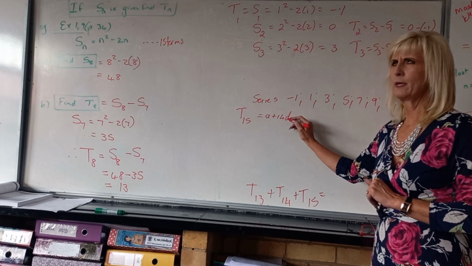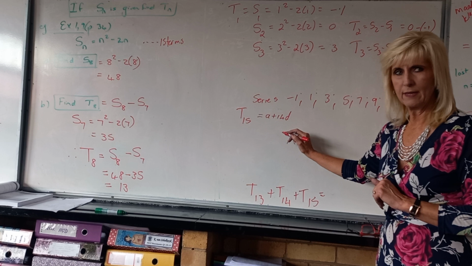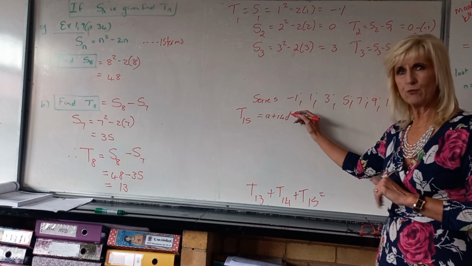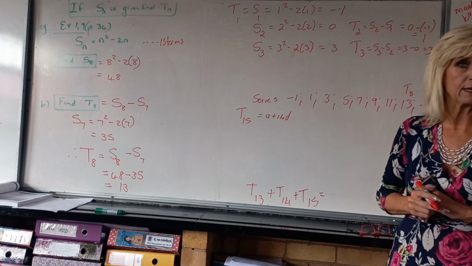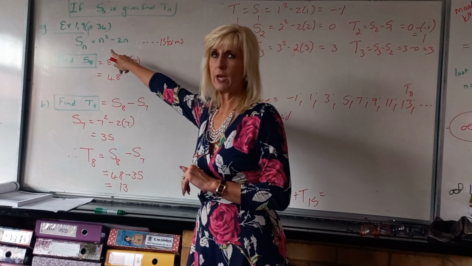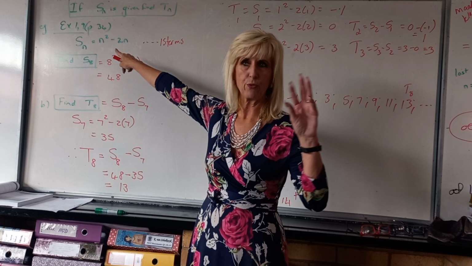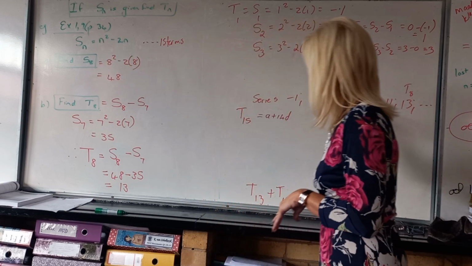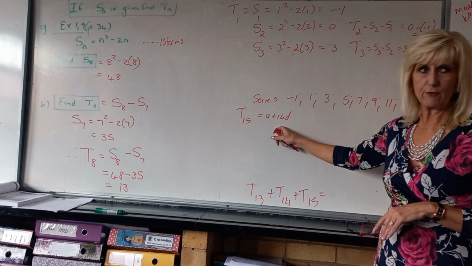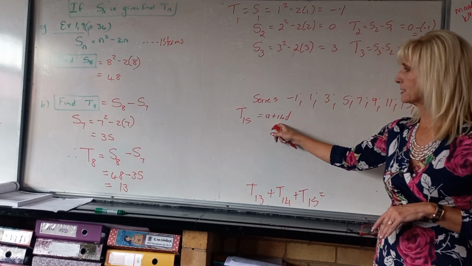How come? Because I'm busy with arithmetic. If it was ar to the power 14, it was geometric. But I can definitely see that this is arithmetic. So you see, the square could have taken you off course and you thought maybe it was quadratic. It wasn't. You must make sure. Now I can see that it is arithmetic. So that's why it's a plus 14d.